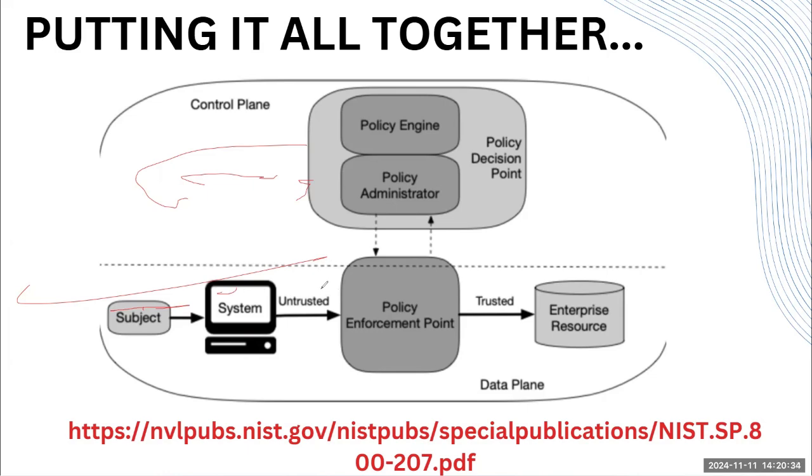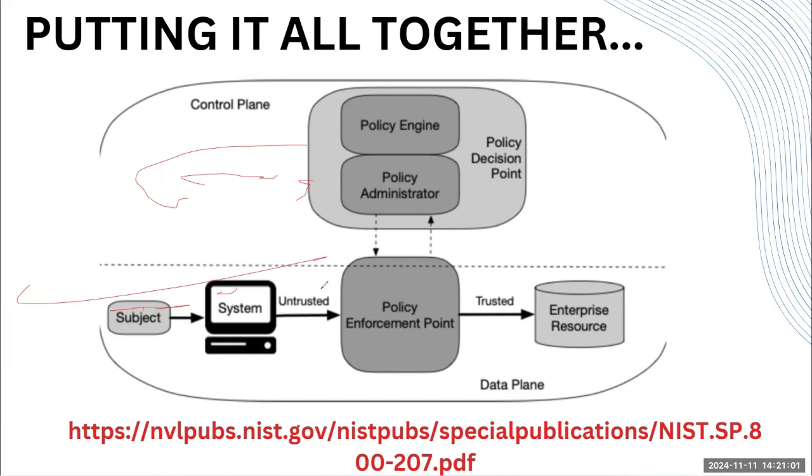Because so far anything before the policy enforcement point is considered untrusted. Because we don't know who that user is. Is he actually a legitimate user? Is he a malicious user? So anything or any connection that reaches the policy enforcement point from outside is considered untrusted, right?